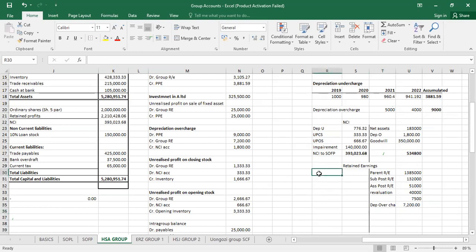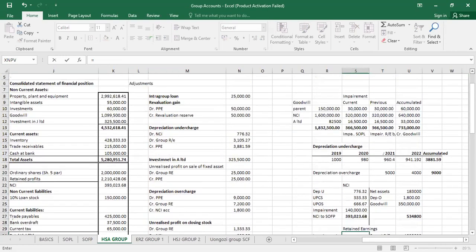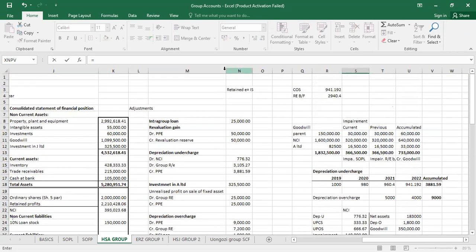Then impairment equals the impairment of the two. Remember the other one has gone to NCI. So 0.8 you multiply by, you open your bracket, the two there, close bracket. So I'll introduce here some.